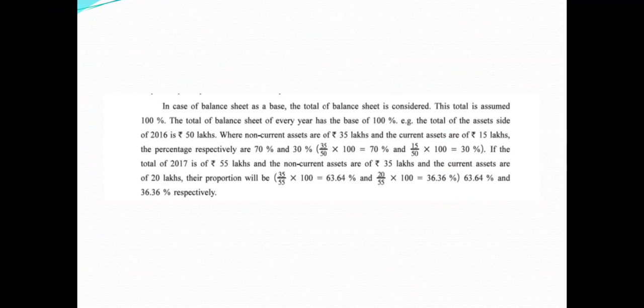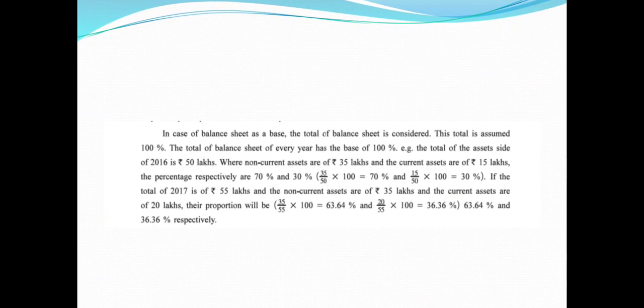So the percentage will be 70% and 30%. If the total of 2017 is 55 lakh, then non-current assets are 35 lakh and current assets are 20 lakh, then the percentage will be 36.36% for current assets and 63.64% for non-current assets. So this way it is calculated.